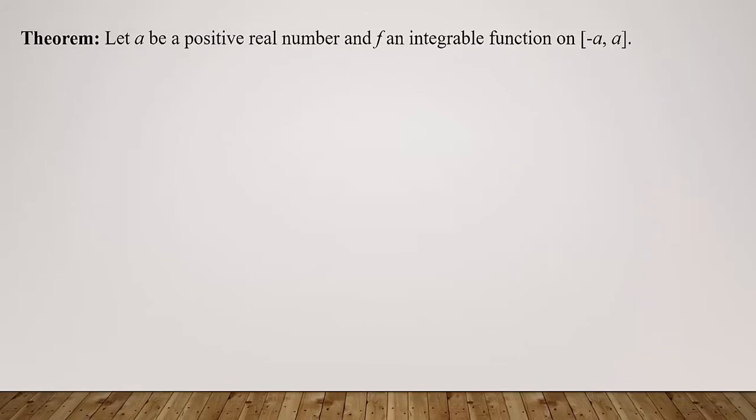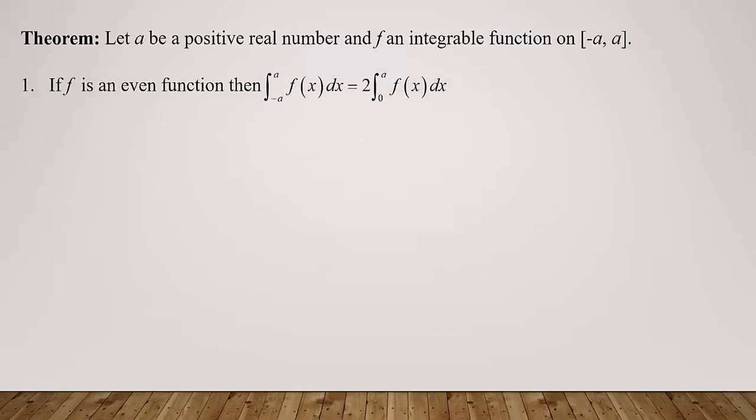I'm going to put this into a theorem. A is a positive real number and f is an integrable function on negative a to a. So notice we're talking about an interval that is symmetric about the y-axis. If your function f is an even function, then the integral from negative a to a of f of x dx is equal to 2 times the integral 0 to a of f of x dx.